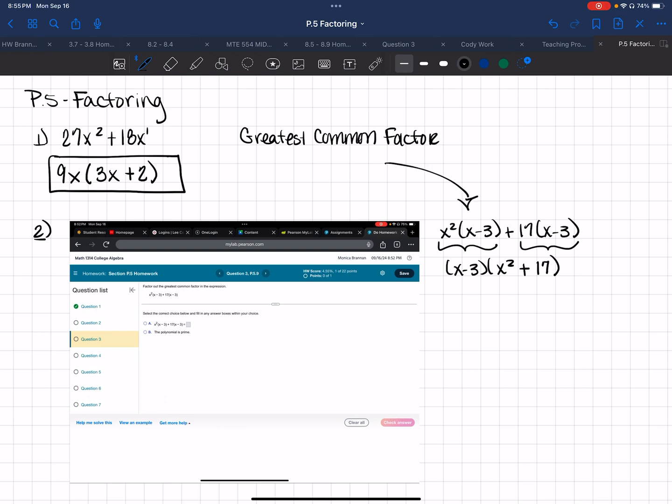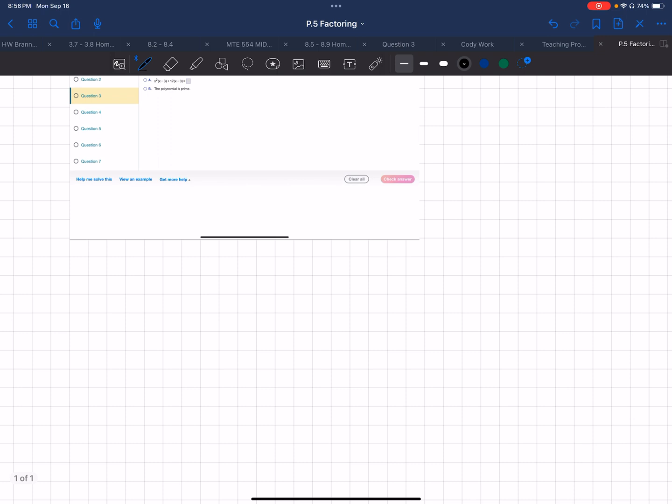Generally, guys, that's our step 1 when we factor anything, is we look for the greatest common factor. Is there anything, a number or a variable, that we can take out of all of the terms that are listed? Now, number 4 tells me to factor by grouping.